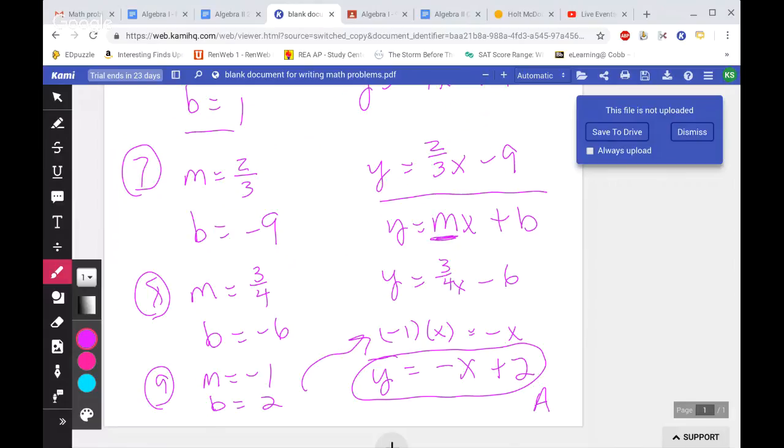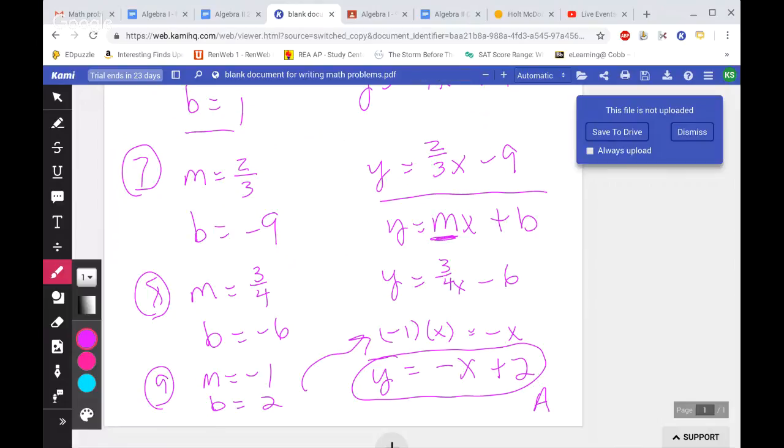So m is the slope. It's just next to the x. But you still have to have x in the equation, and you still have to have y in the equation. Okay? Does that make sense to everyone? Yes.